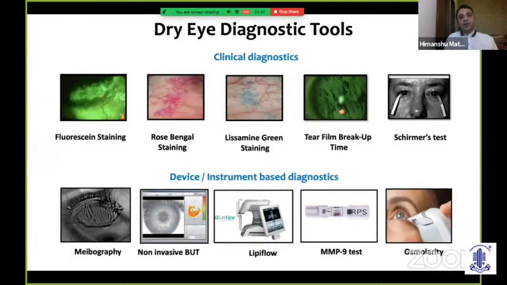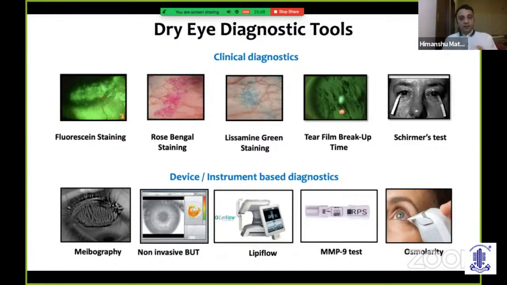Now, coming to the diagnostic tools, we have clinical diagnostic tools like fluorescein staining, rose bengal, lissamine green, tear film breakup time, Schirmer's test, and so on. These are the most commonly used, especially in our country. Then we have device or instrument-based diagnostic tools like meibography, non-invasive breakup time, LipiFlow, LipiView, MMP9, osmolarity, and many of these.